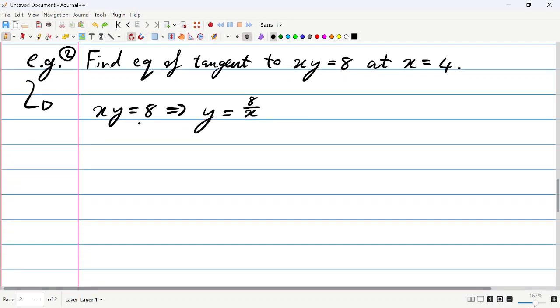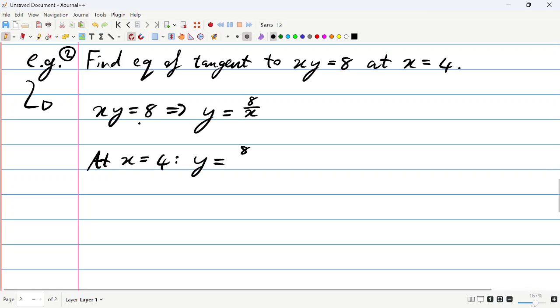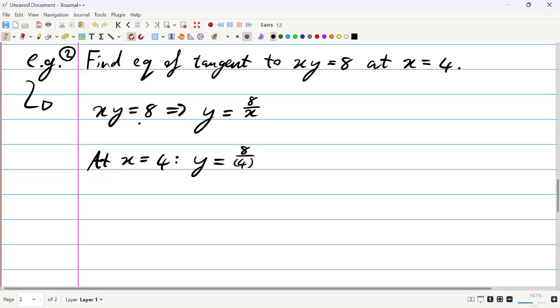So at x equals 4, we have y is equal to 8 over 4, which is just equal to 2. So the coordinate that we're going to work with is 4 and 2.